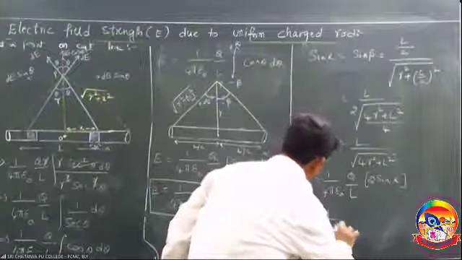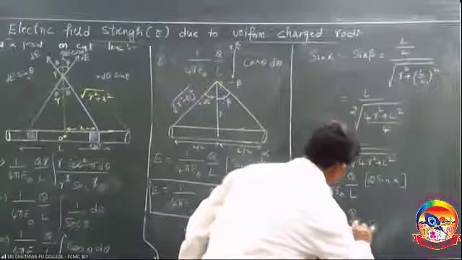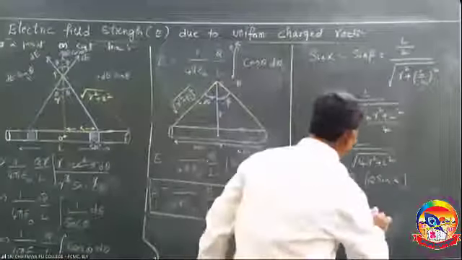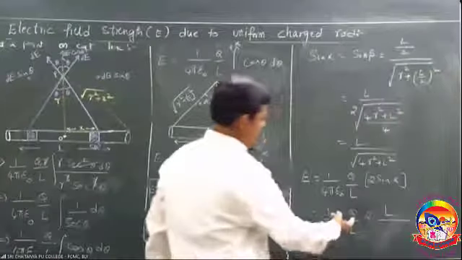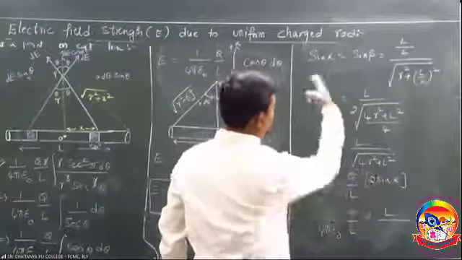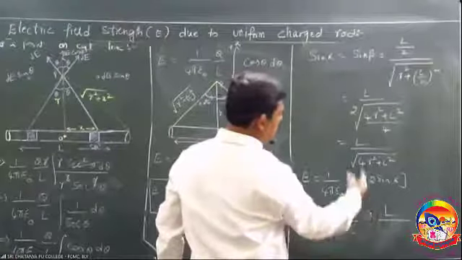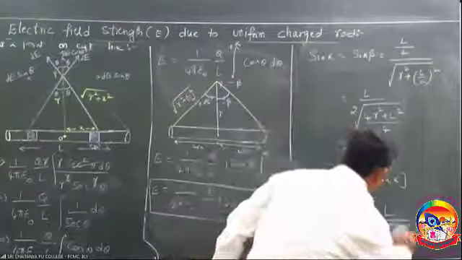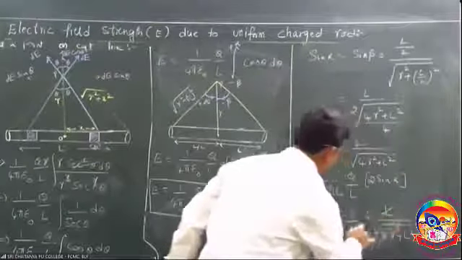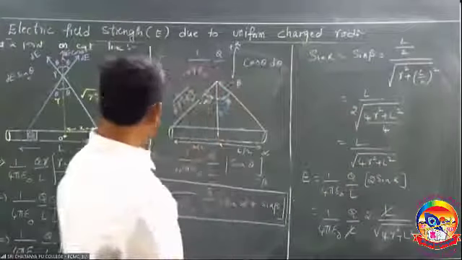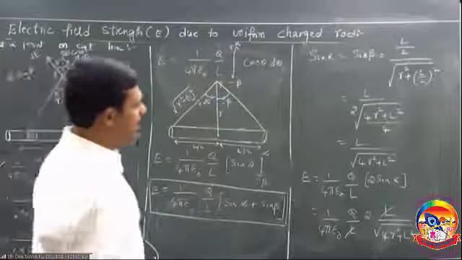Then 1 by 4 pi epsilon naught Q by L, 2 into L by root over 4R square plus L square. L gets cancelled.